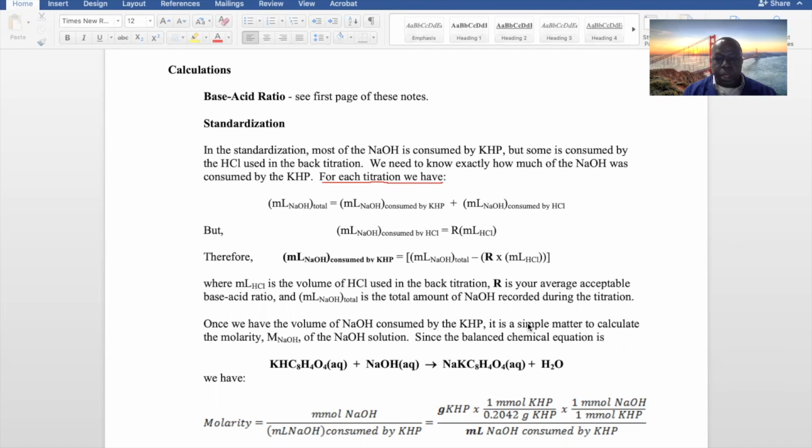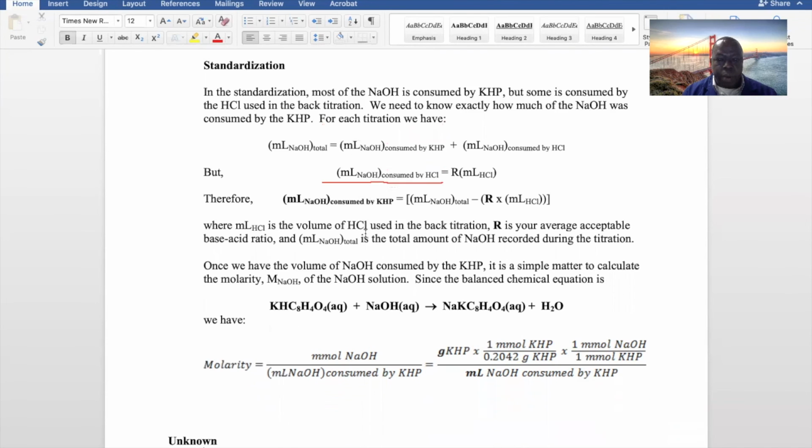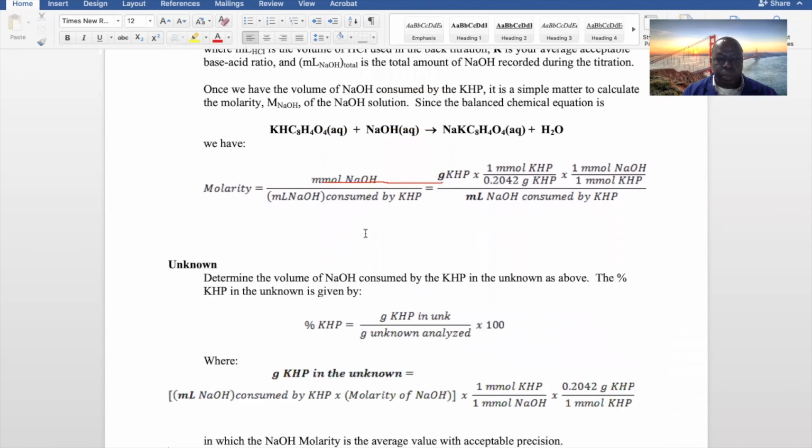From there, the rest is just for the unknown. You use the standardized NaOH to titrate the unknown, by finding the mass, and then you just plug it into the equation.